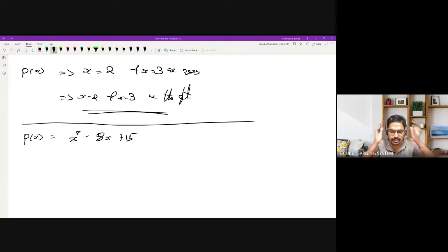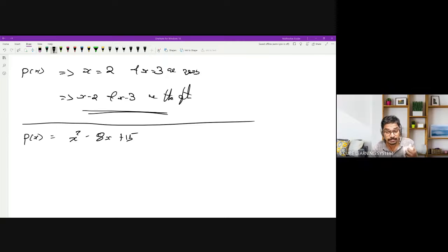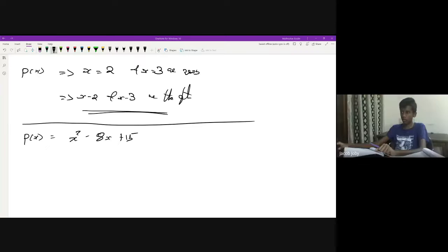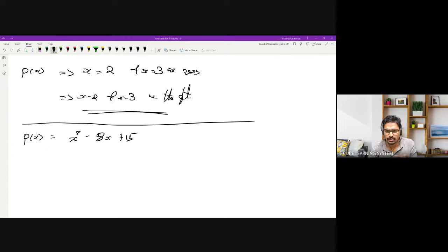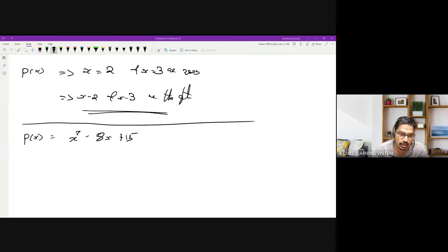Degree means the highest value, the highest power. So here the highest power is 2, this is a second degree polynomial.